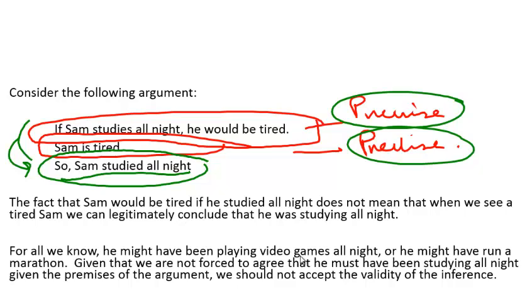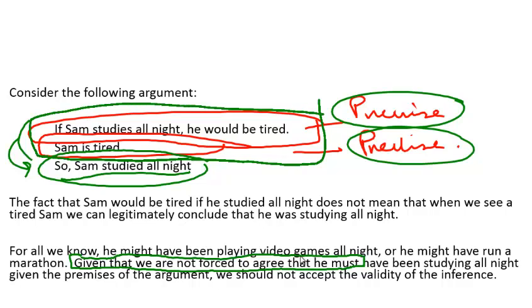So given that we're not forced, here's the key, we're not forced to agree that he must have been studying all night, then we shouldn't accept the validity of the argument. Okay, so given what we know, there are counterexamples.